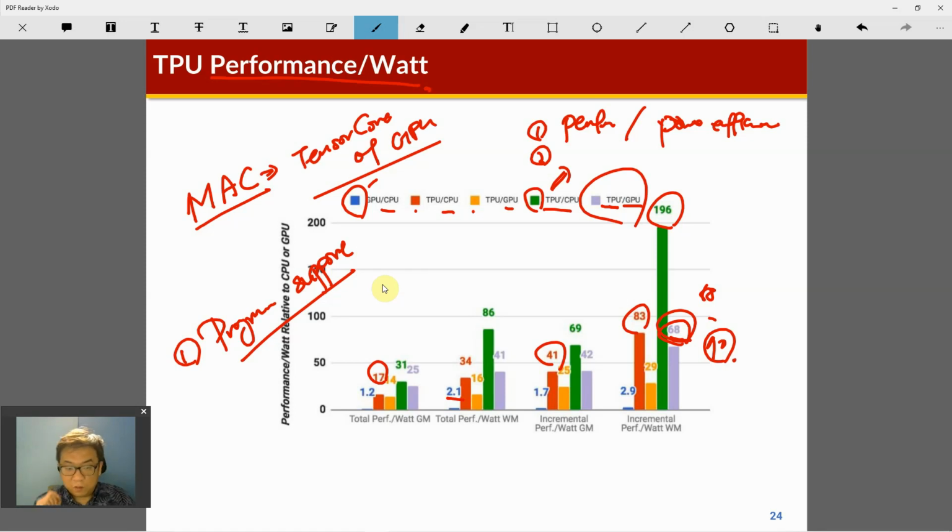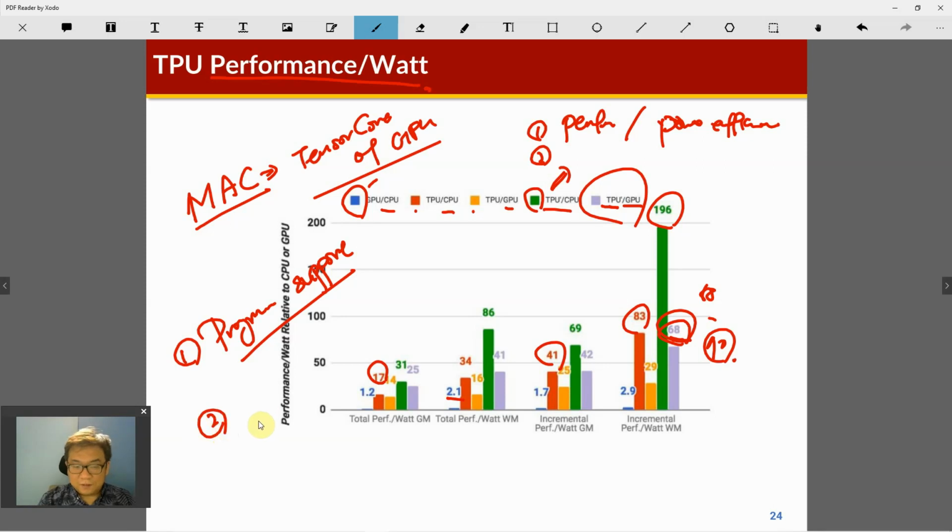But a domain-specific architecture is specific hardware for some specific domain of application, so it's not easy to find a development environment. Also, it's not easy to find appropriate applications for this domain-specific architecture.